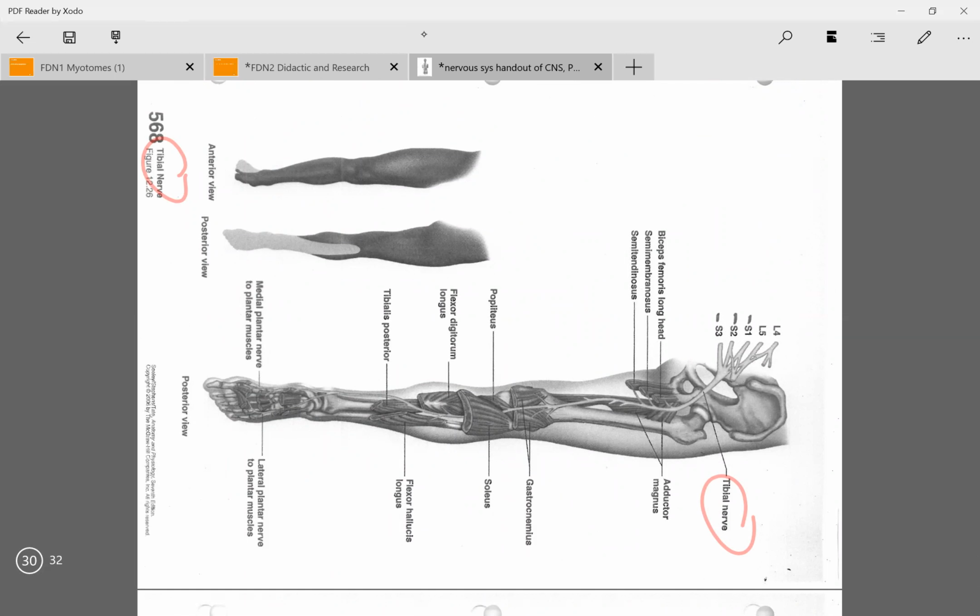So there's an expression: L5 heel jive, S1 reach for the sun. Okay, L5 heel jive, S1 reach for the sun.